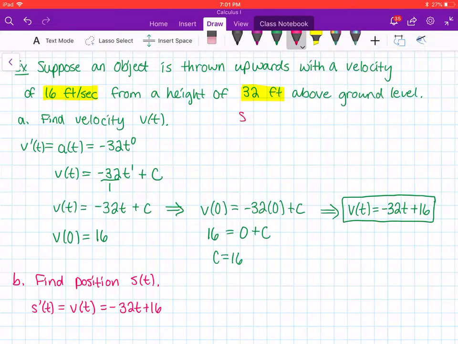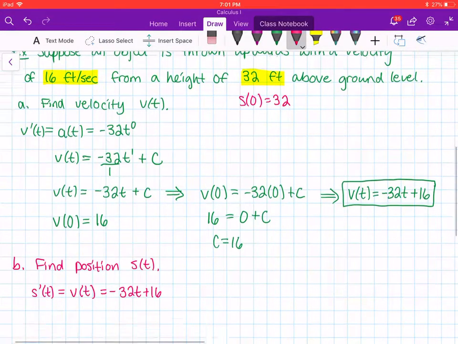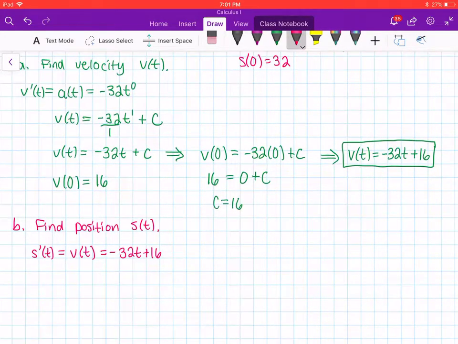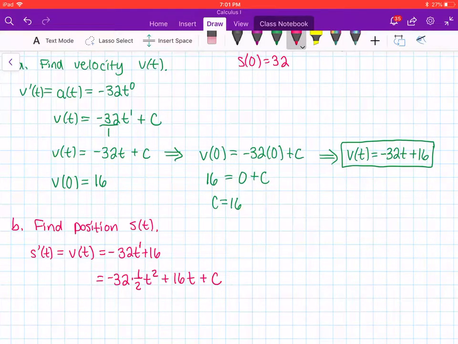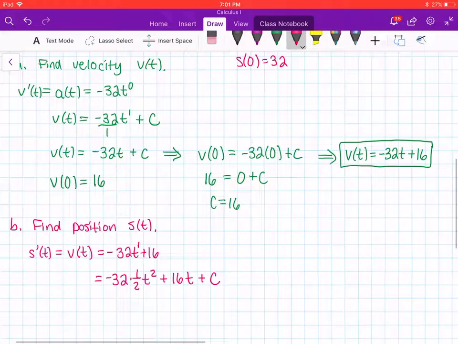That's going to relate to our initial position, which is 32. We're going to have to use that in a second. Let's take the antiderivative of the velocity function. We have t to the first power, so the negative 32 is along for the ride. We add 1 to the exponent and multiply by 1 over the new exponent, plus 16t, and then plus c again. And that equals our position function.